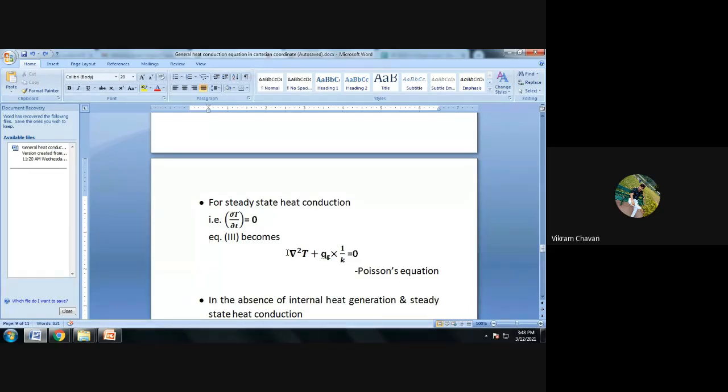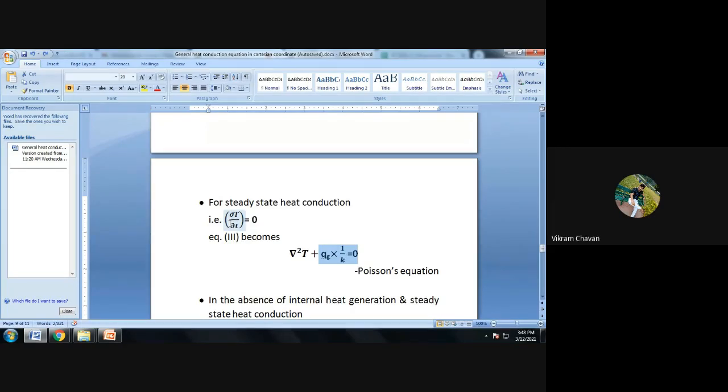Now this equation is called Poisson's equation. Remember the condition: the heat conduction is a steady state heat conduction. In that case, temperature change with respect to time is equal to 0.